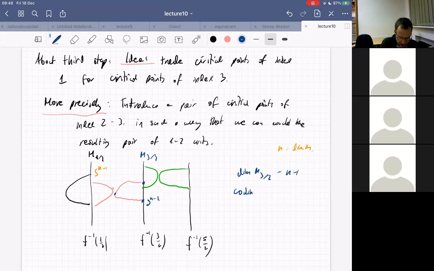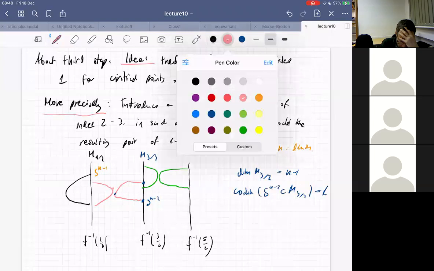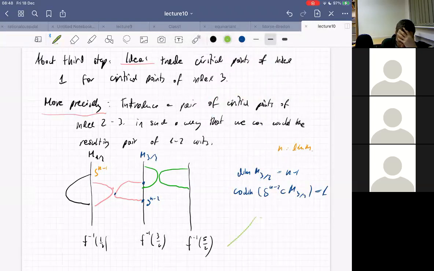And the codimension of this sphere in M_{3/2} is equal to 1. So on the picture, the situation looks like this. I will keep the picture over here. So we have M_{3/2}, and we have the sphere.